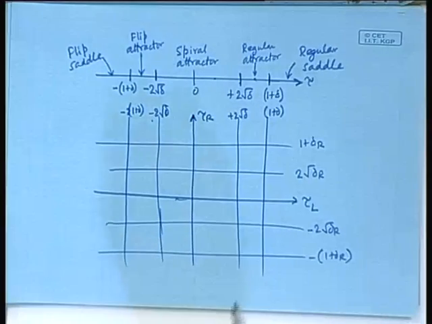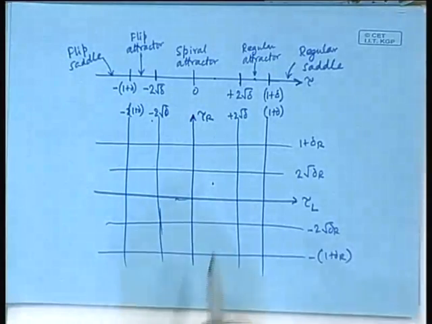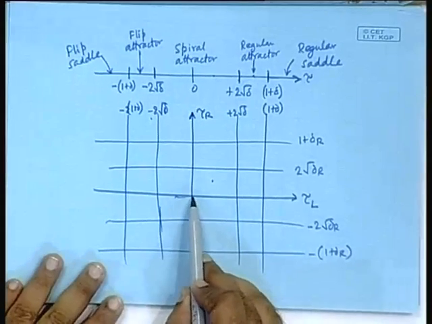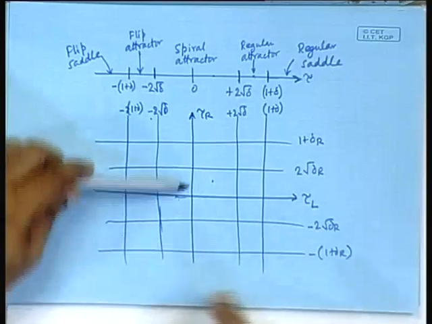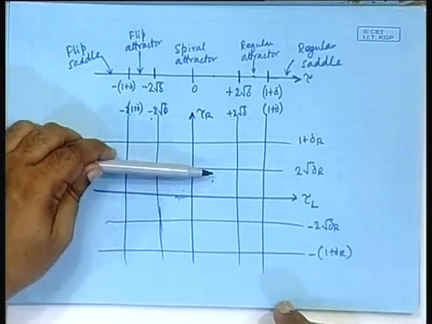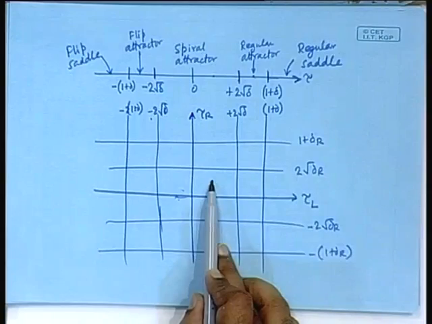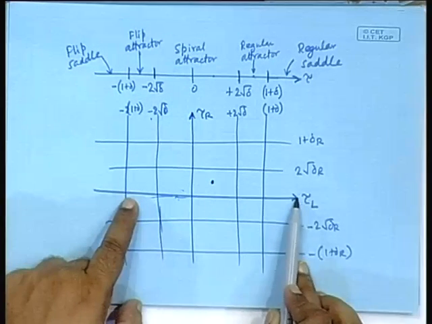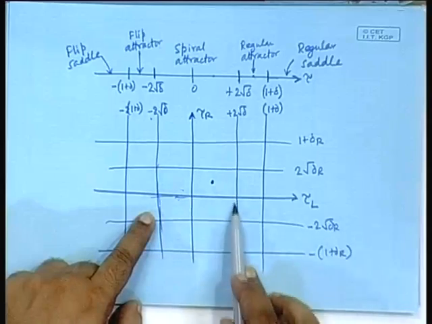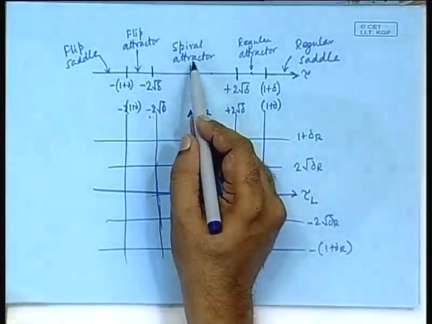Which means now, if I place the pen anywhere, say here, it will mean a specific relationship between the trace and the determinant in the left hand side as here, a specific relationship between the trace and the determinant in the right hand side like here, which means a specific type of fixed point turning into another specific type. If I place my pen here, what does it mean? The trace in the left hand side tau L is between minus 2 root delta to plus 2 root delta. That means, while in the left hand side what was its character? A spiral attractor.